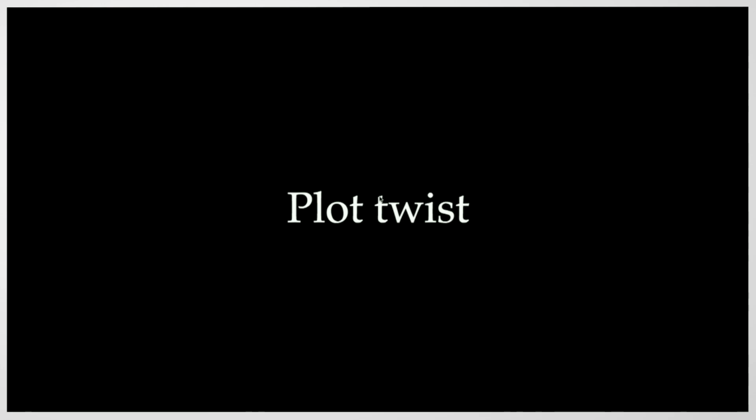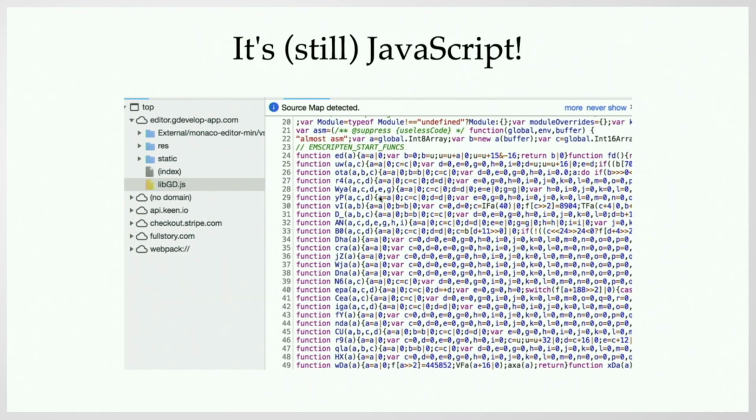There is a plot twist to my story. I'm not using WebAssembly. It's still all JavaScript. So the thing is that Emscripten was outputting something called asm.js, which is a subset of JavaScript supported by Firefox and all the browsers. And I've not updated to the latest version of Emscripten that is outputting WebAssembly.